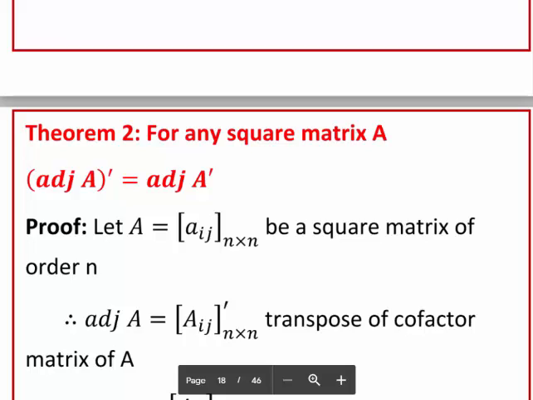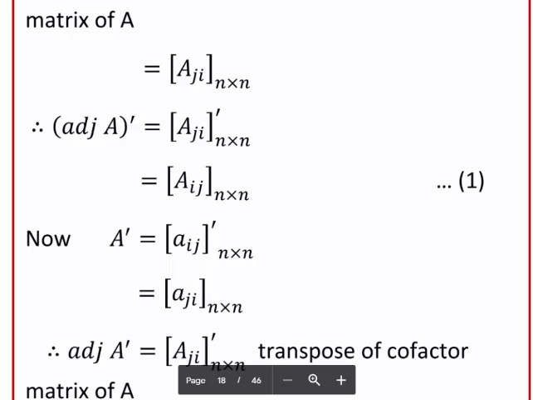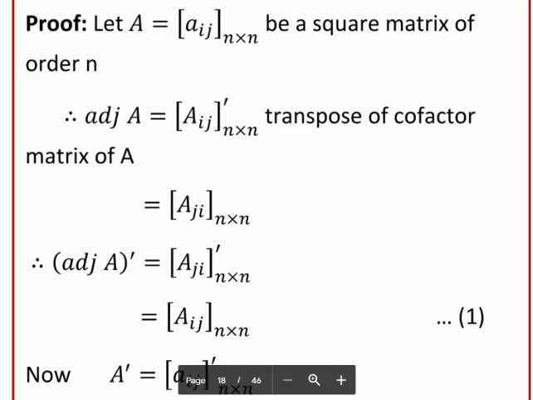The proof is simple because adjoint of A is nothing but the transpose of the cofactor matrix. And again taking the transpose, we get the Aij. One thing you should note is that the transpose of a transpose is the original matrix. In short, we come to the conclusion that the transpose of adjoint of A is equal to Aij, the original cofactor matrix.